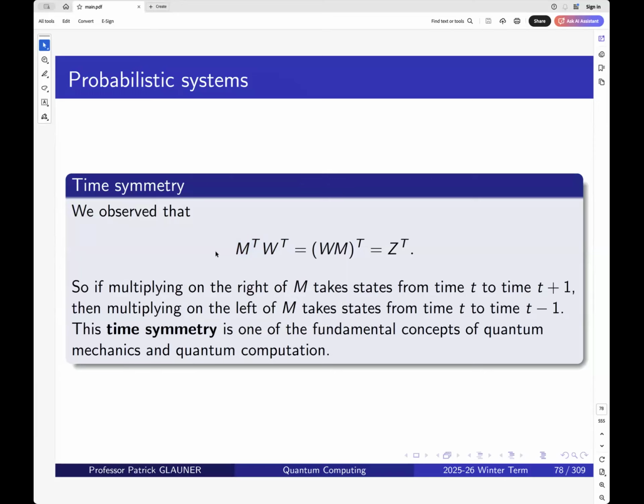More generically from linear algebra, you may remember this rule that if you have M transpose times W transpose, it would be the same as multiplying W with M in just the opposite order and then transposing that. That would be the same.